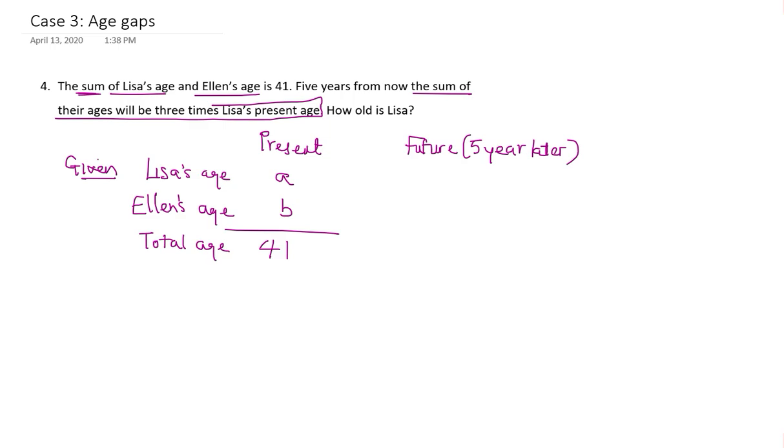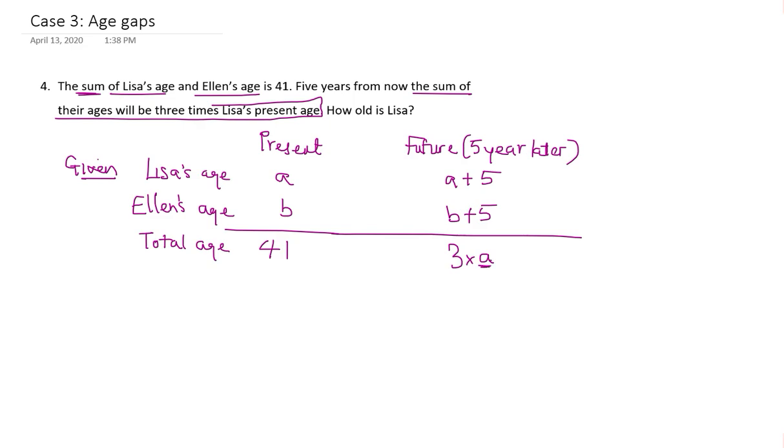But now in the future, 5 years later, what this means is that their age is going to increase by 5. So 5 plus the present age will give us the future age of Lisa, and that of Ellen, it is 5 plus the present age. So this is equal to 3 times the present age, which is represented as A of Lisa.